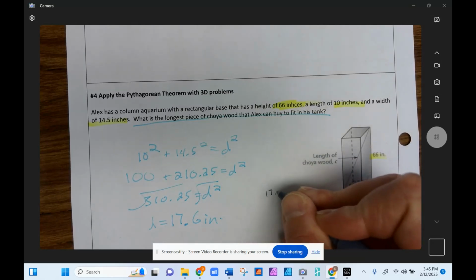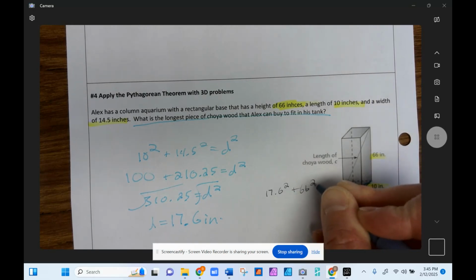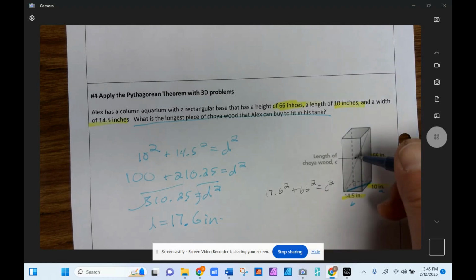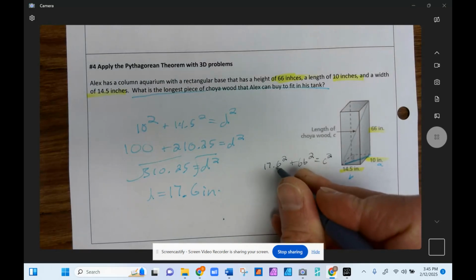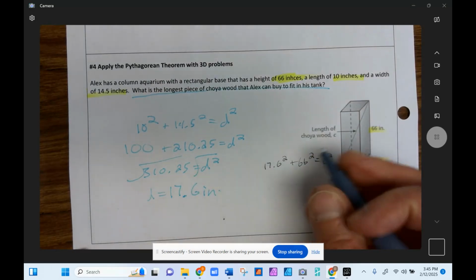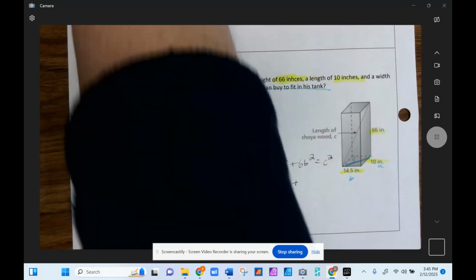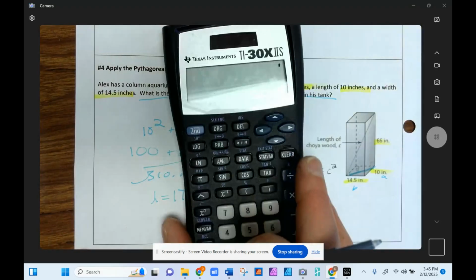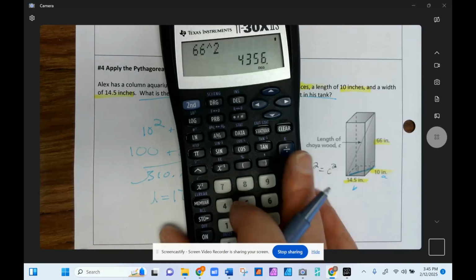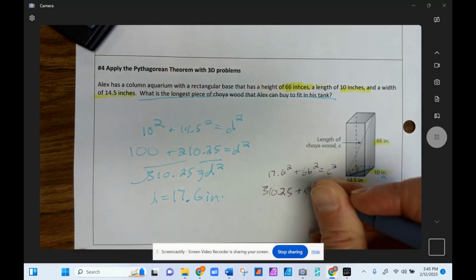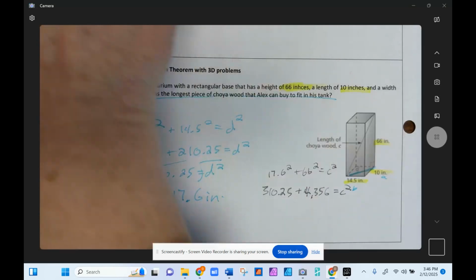So that's going to be our A for our new problem. Okay, so 17.6 squared plus 66 squared is equal to C squared. And C is going to be the length of the choya wood. We actually know the 17.6 squared is 310.25. So we don't actually have to do that again. We just have to do that 66 squared, which is going to give us 43.56 equals C squared.